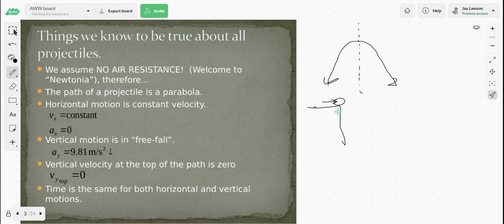A force is applied and it travels this path. Well, in the horizontal direction, or the x direction, velocity is constant. So it's going to have the exact same velocity through its entire path in the horizontal direction. So v of x is constant.